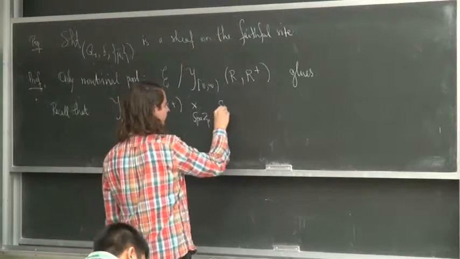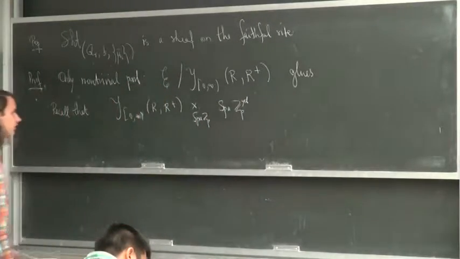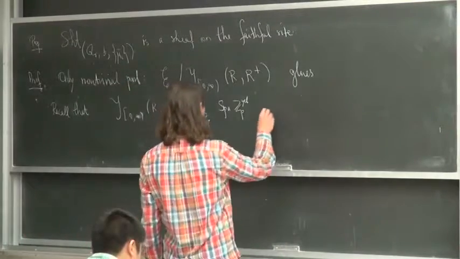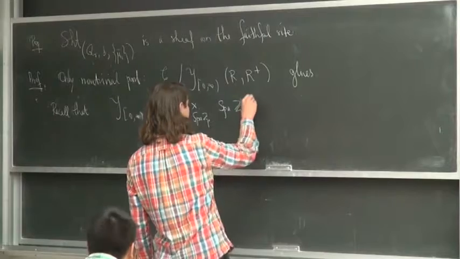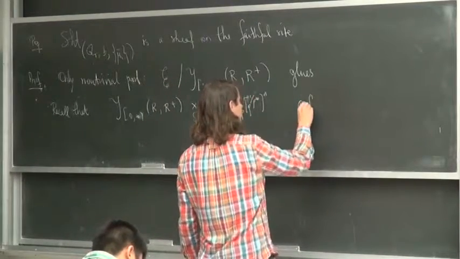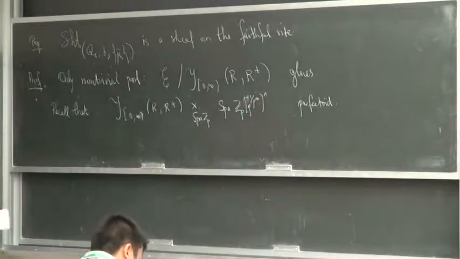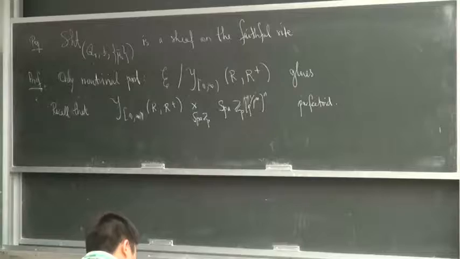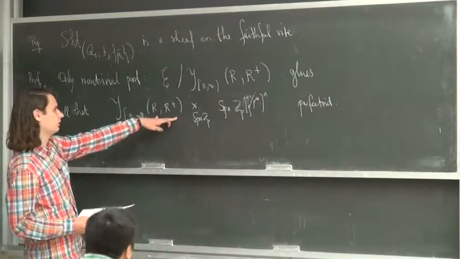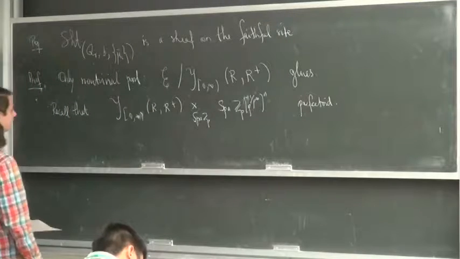But I can extend scalars to some perfectoid field, say the cyclotomic extension, doesn't really matter. That guy is perfectoid. And whenever I have a faithful cover of the adic spectrum of R_L plus, it induces a faithful cover of that guy.